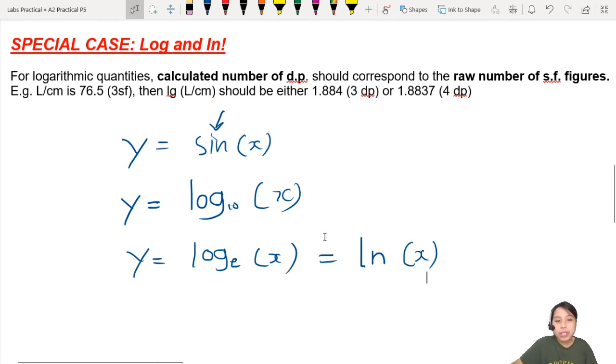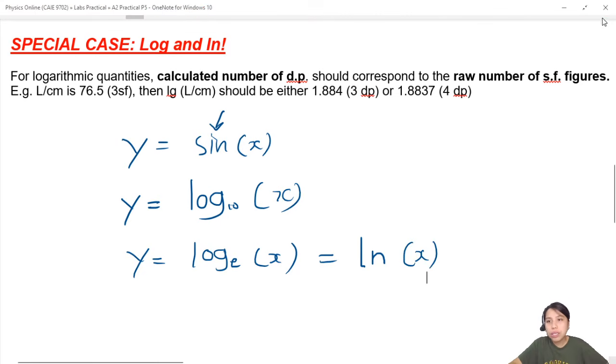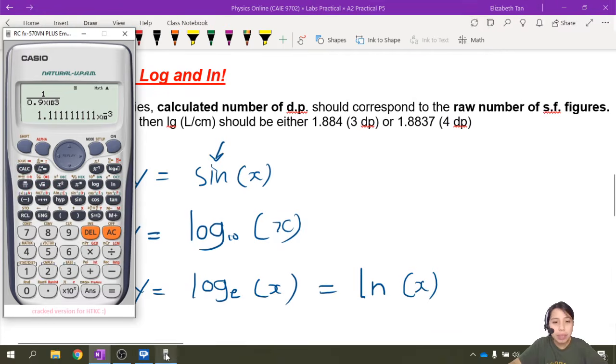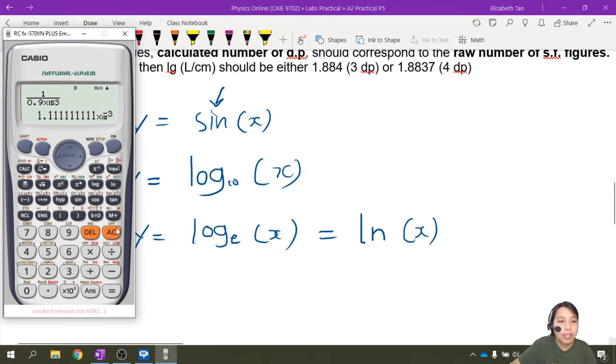Shortcut lah. Okay, so if you look at your calculator, you need to know how to press these numbers, right? If you are looking for sine function, sine, cosine, tangent, so many. But if you want to do log, you can press log, this log here. Some calculators have this. And you must type log base 10 of whatever number lah. That is how you can do log 10.